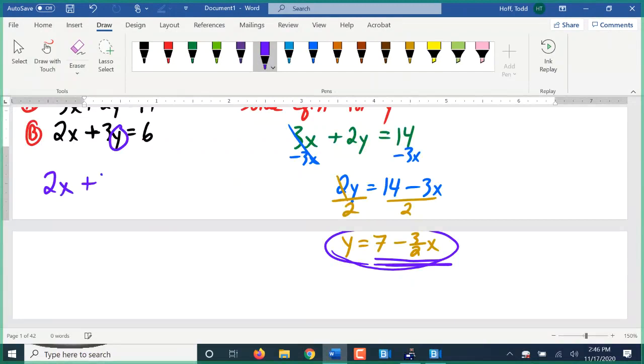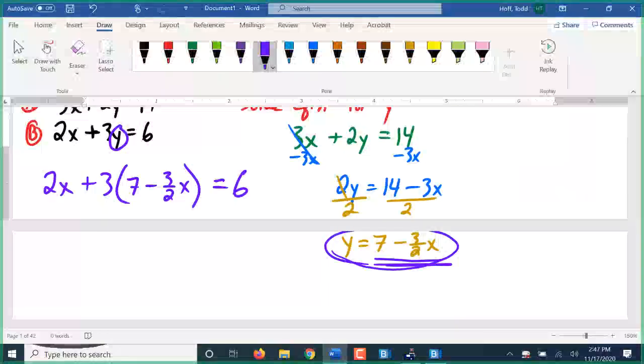So 2x plus 3, and in place of y, we put parentheses, 7 minus 3/2 x, equals 6.